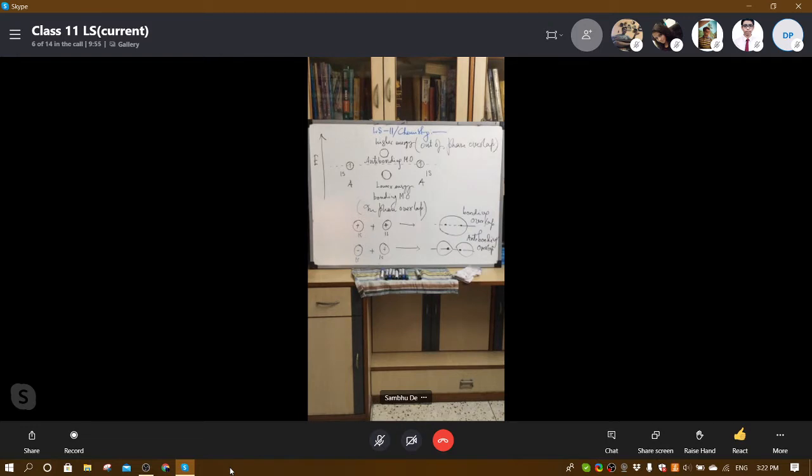Px-Px overlapping will give two molecular orbitals. Py-Py overlapping will give two molecular orbitals. Pz-Pz overlapping will give two molecular orbitals. And because p can overlap lateral wise also, there will be the concept of sigma molecular orbital as well as pi molecular orbital. When it is lateral overlap, we will call them pi molecular orbital.